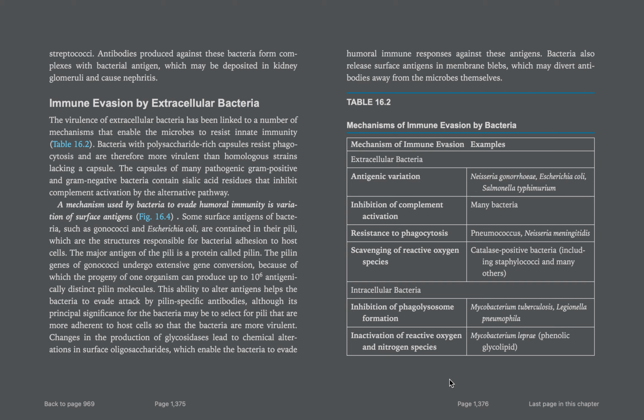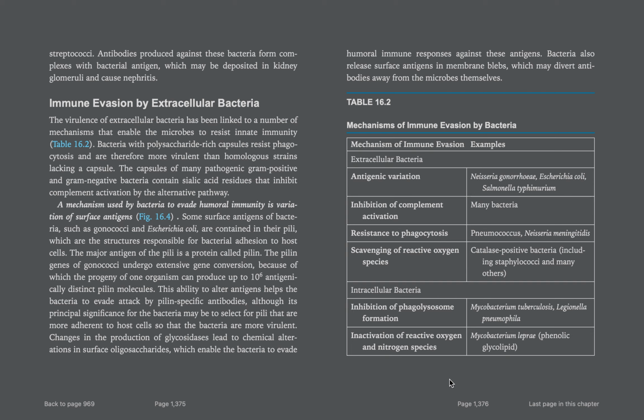A mechanism used by bacteria to evade humoral immunity is variation of surface antigens. Some surface antigens of bacteria such as gonococci and Escherichia coli are contained in their pili, which are the structures responsible for bacterial adhesion to host cells.